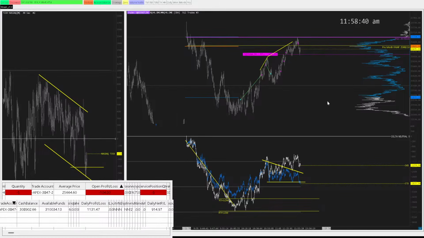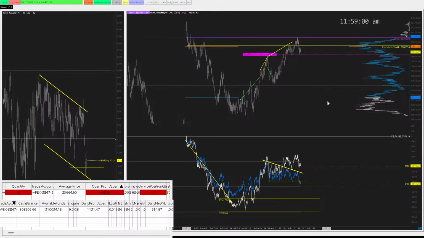But yesterday we had negative tick readings of like 1,400. Sustained downside tick means that they're selling pretty heavily, right? So yeah, same thing for the upside.